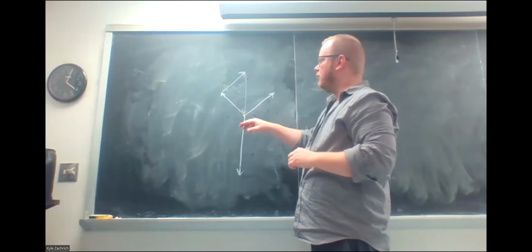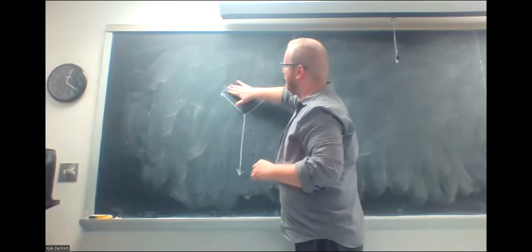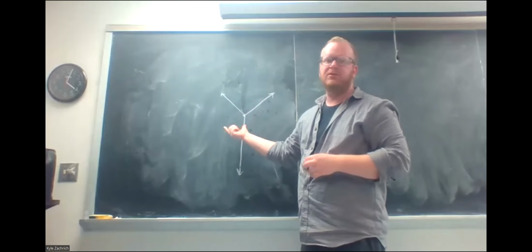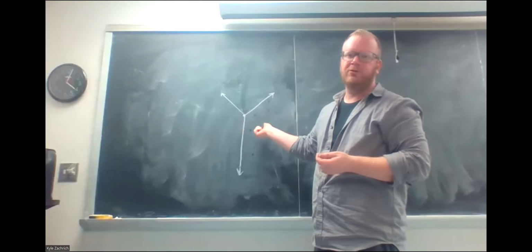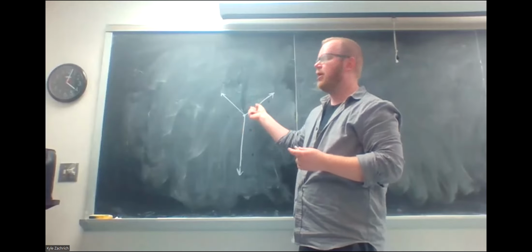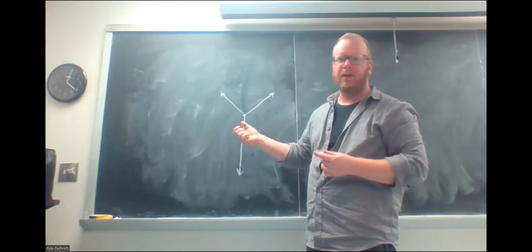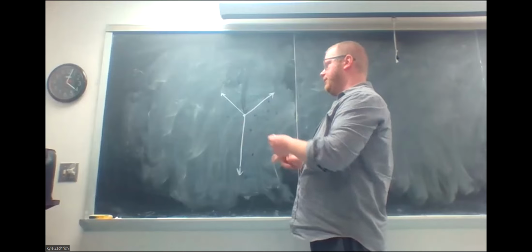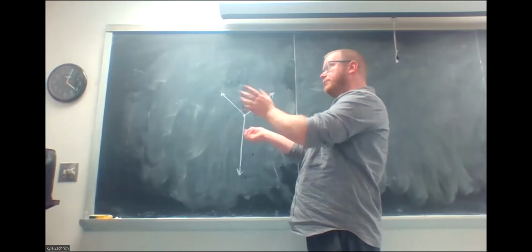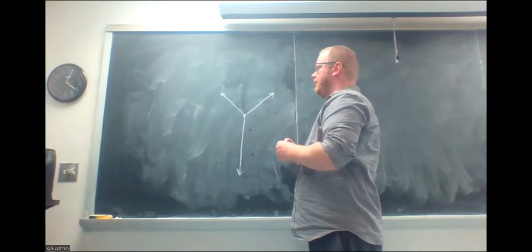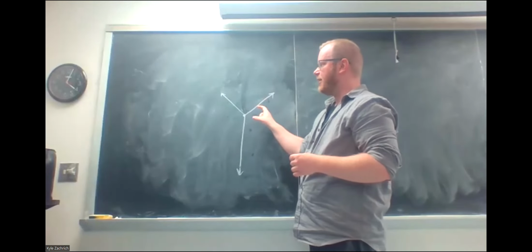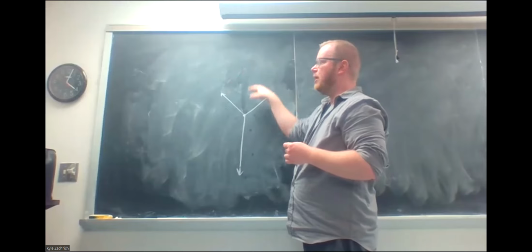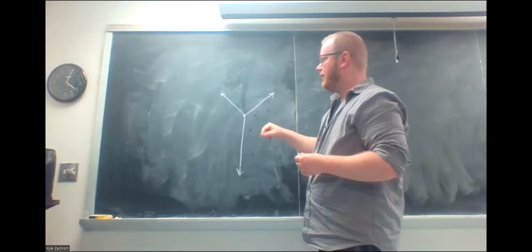So they're asking, if you have these three vectors and you move them around, which triangle would you be able to make? In the direction of these arrows, there's really only one triangle you can make with these.